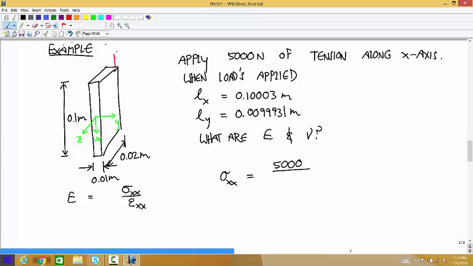So if we have a force acting like this, that area is going to be 0.01 times 0.02. And so that's 2.5 times 10 to the 7th pascals. This is newtons. These are both meters.